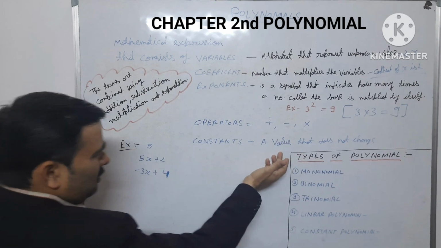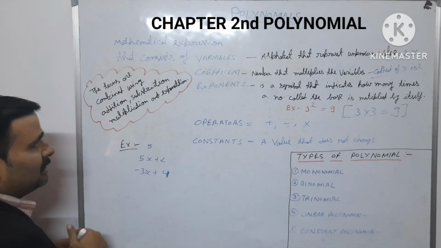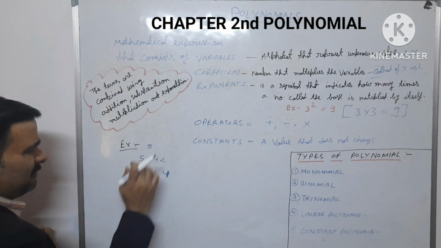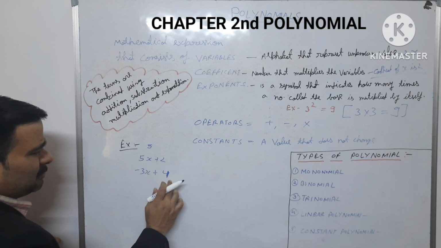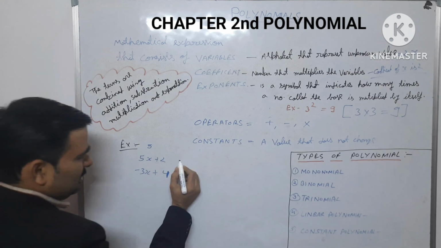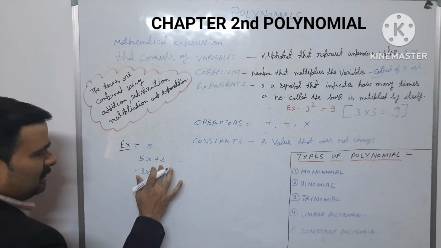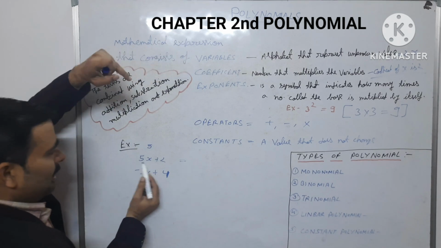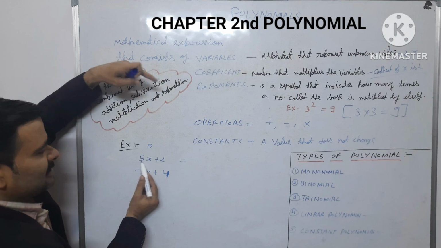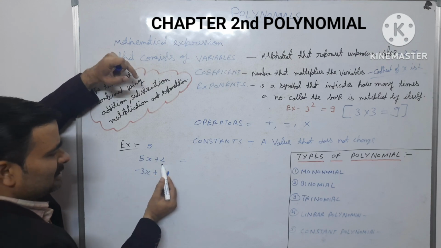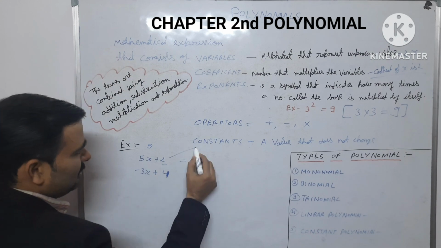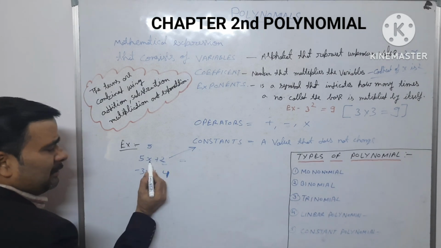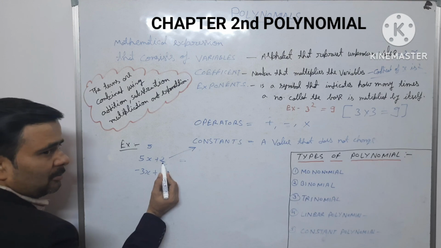Now let's understand this with an example. Suppose this is the polynomial 5x plus 2 minus 3x plus 4. Here we have a variable, as I told you earlier, and the coefficient of x is 5, and this term represents the constant value, because after putting any value in x, 2 will not change.